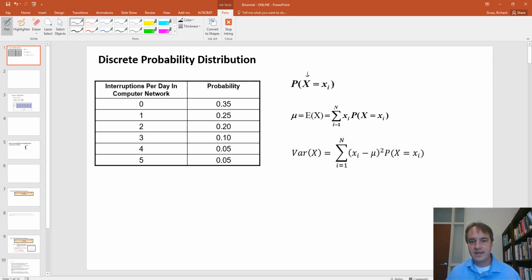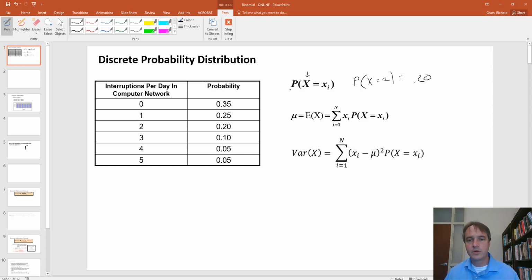And the lowercase x, and sometimes it's got this subscript i, so this is i equals 1, 2, 3, 4, etc. So we were able to say, what's the probability that this random variable takes on the value of 2? The probability that x is equal to 2 is equal to 0.2. So that's one thing that it let us do.